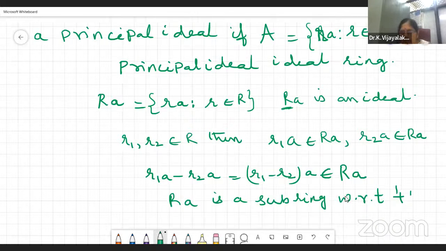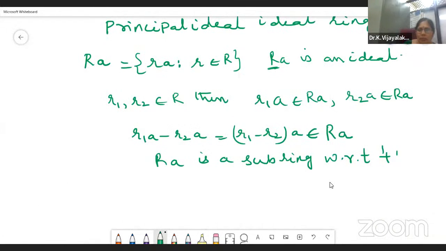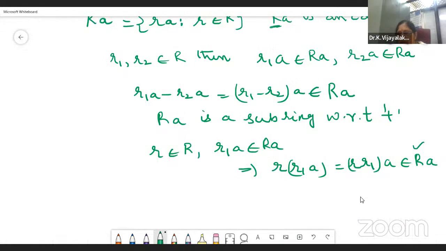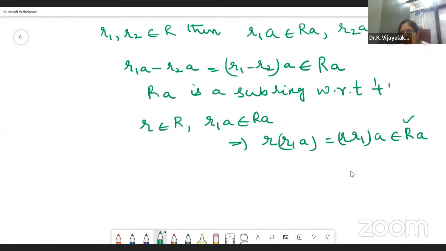Now let r belongs to R and r1a belongs to Ra. Then tell me, what is r into r1a? It is (rr1)a, which belongs to Ra, because R is closed with respect to multiplication.